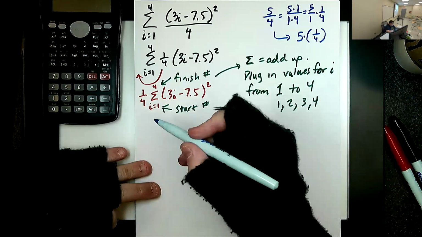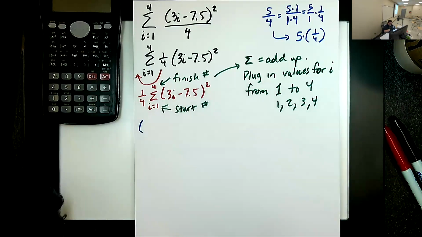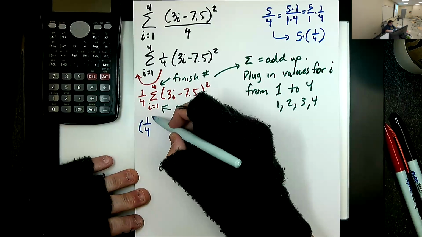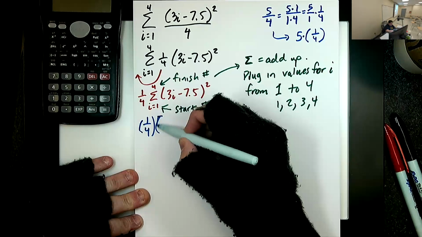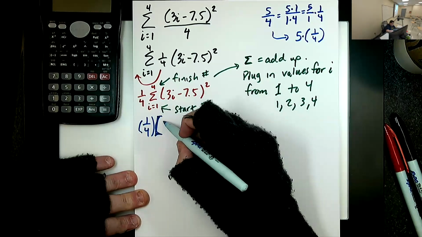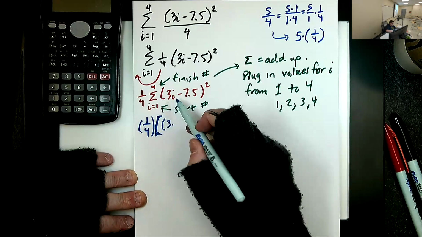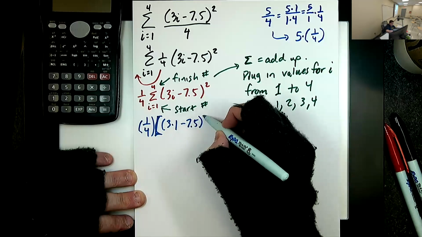So what this means is there's going to be a 1/4. I don't want to forget about the 1/4. Then we have a big old bracket here. We're going to do 3 times, replacing i with 1, minus 7.5 squared.